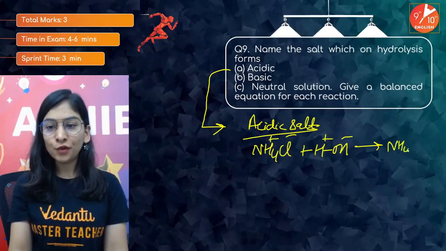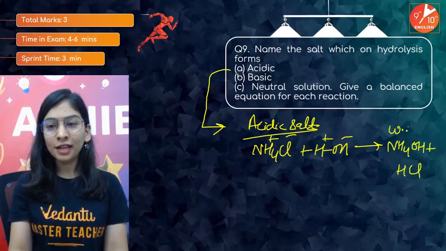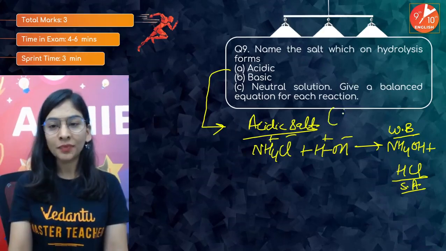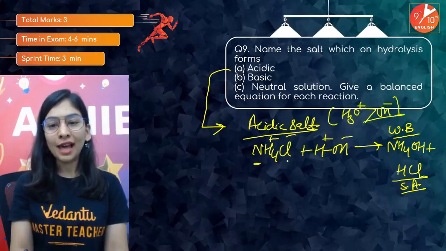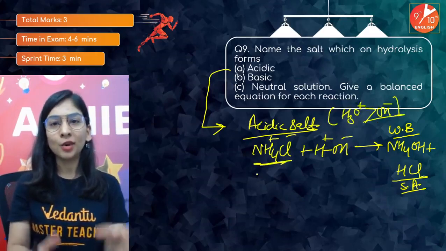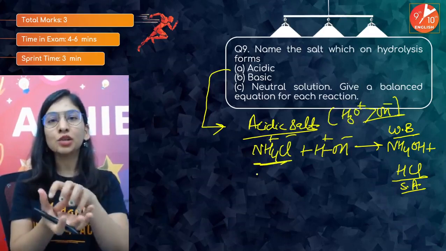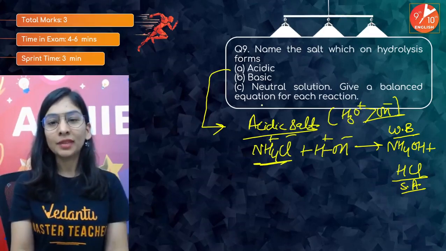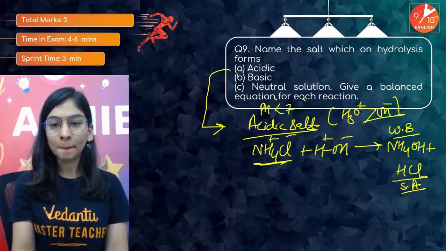You will get NH4OH, ammonium hydroxide, and HCl. That's a weak base, so the amount of OH ions will be very small. Strong acid, so the amount of H ions will be very high. So here, hydronium ion concentration is more than OH ion. So that is the salt that will be acidic in nature, because when we check the pH, it will be less than 7.